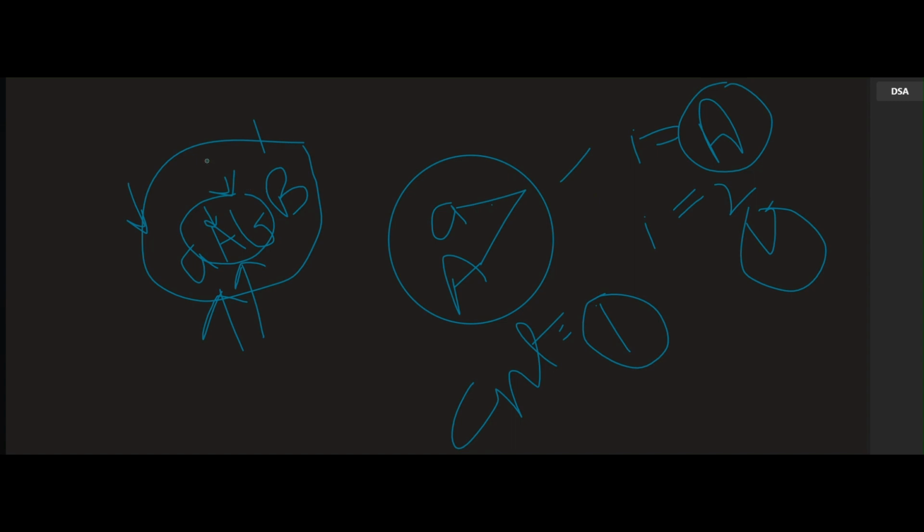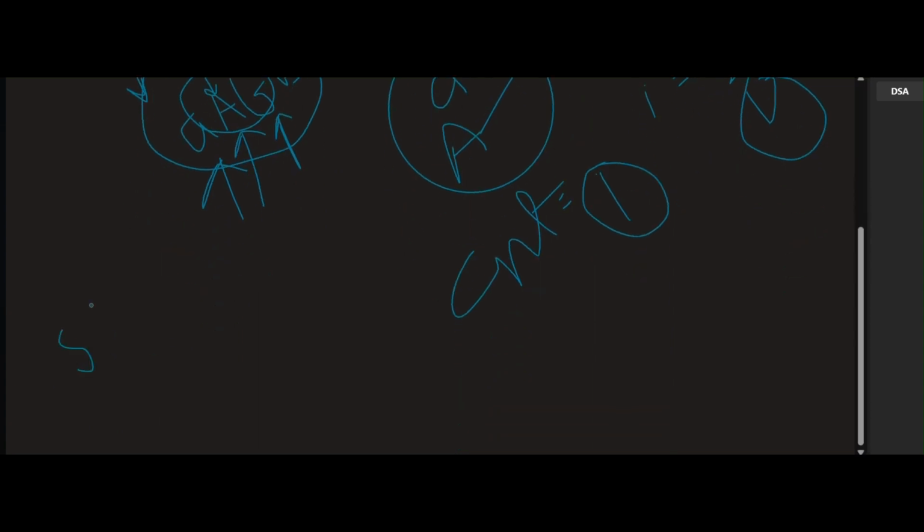Now similarly, when we move on to i equals 2, that is small b, we check against i plus 1.